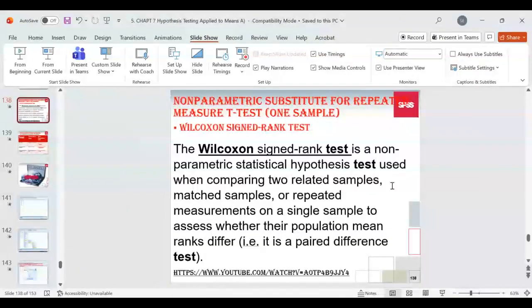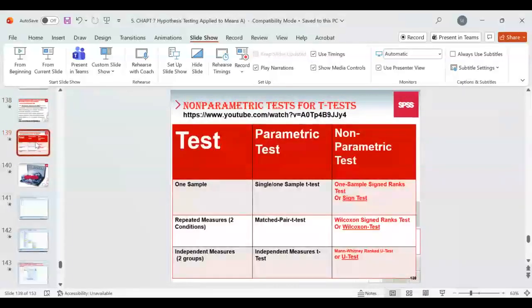It's called the Wilcoxon signed rank test or Wilcoxon test. It does the same thing. The only difference is that parametric tests are more accurate and they use the mean for the average, but non-parametric tests use the median. So try to use parametric tests. That should be your first option. But if you have to use non-parametric tests, then you use the right one.